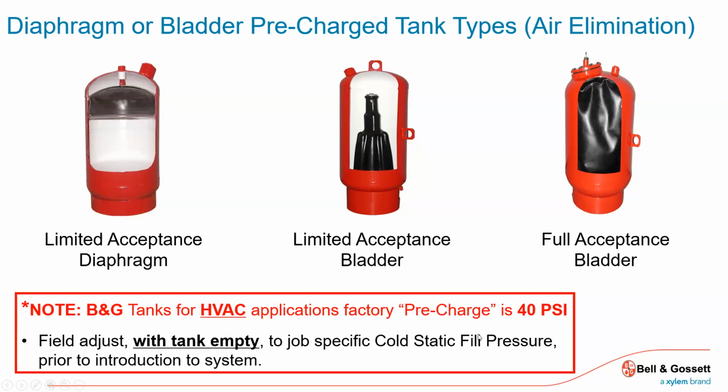Because as these tanks get specified, get bid on, and a job gets awarded, and then the equipment shows up, and then the mechanical contractor goes out and builds the system, there are a couple of very subtle procedures that take place when that tank gets installed. They've got to really pay attention to how they pre-charge that tank so that it works the way you specified and designed it to work. That pre-charge of 40 might not be the right charge for 90% of the jobs it goes on.